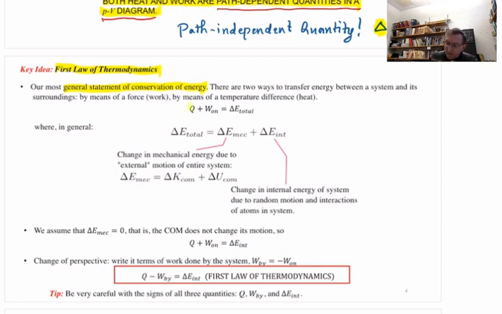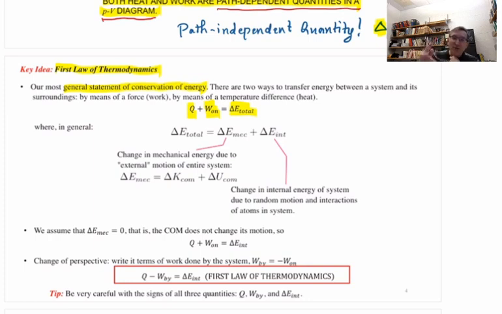And if energy overall can't disappear, then the first law of thermodynamics goes like this. Whatever energy was added or taken out as heat, Q, plus however much work was done on the system, W, will show up as a change in the total energy.